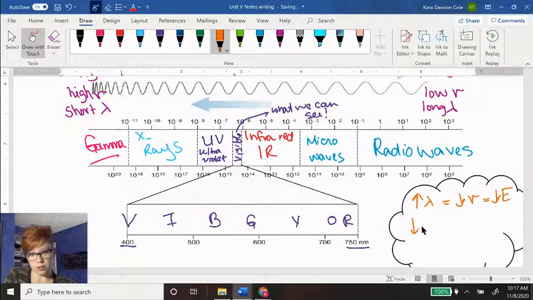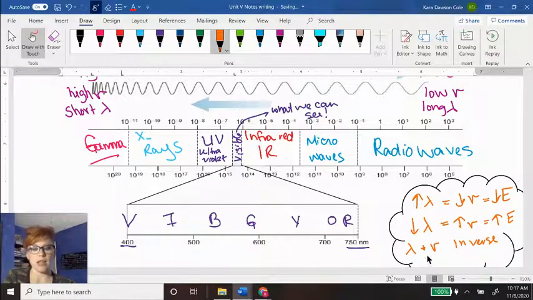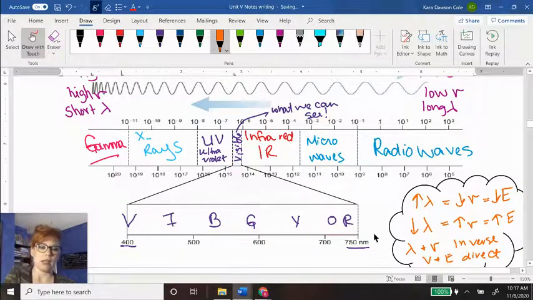As you decrease your wavelength, you are increasing your frequency, which is also an increase in energy. So wavelength and frequency have an inverse relationship, or an indirect relationship, you could say. And then frequency and energy have a direct one. So important things to remember here.